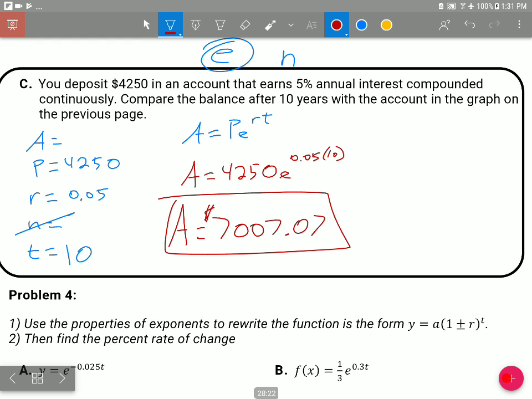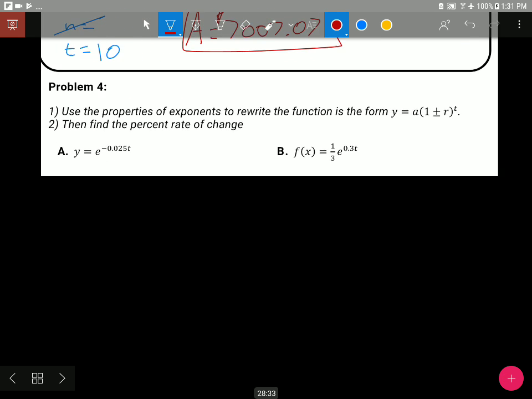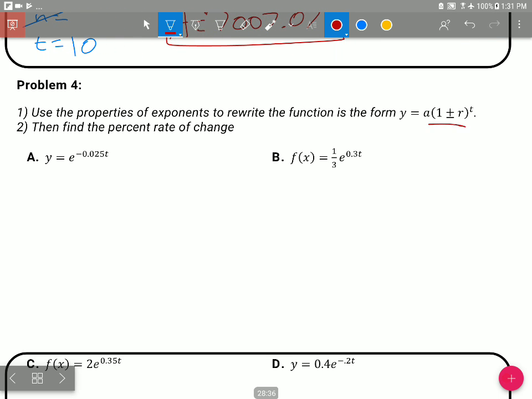All right, the last questions are easier than you think. It says use the properties of exponents to rewrite the function in the form y equals a(1 plus or minus r) to the t, which we used when talking about percent increase or percent decrease. Yes, your rate is 0.025, so that's 2.5%.